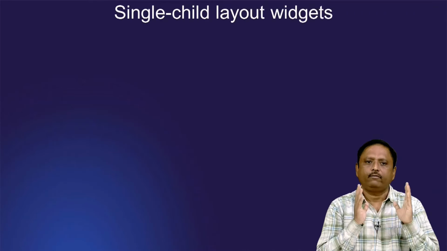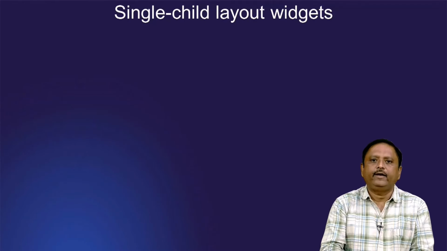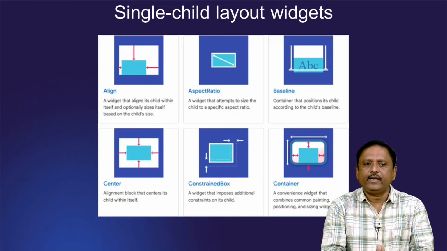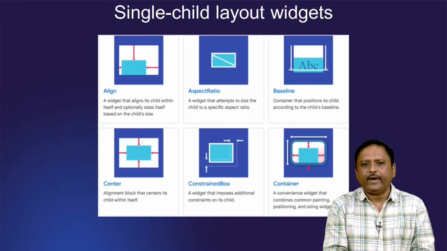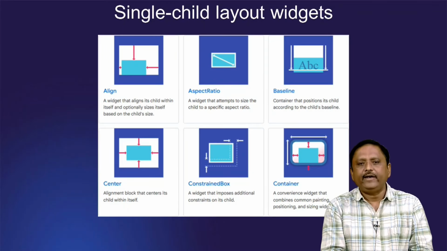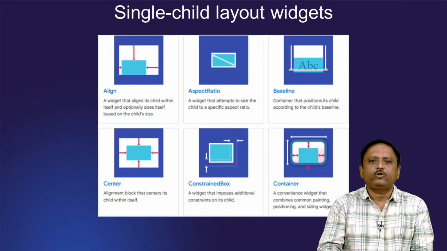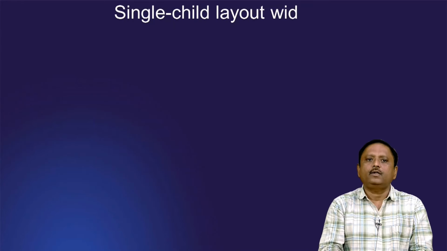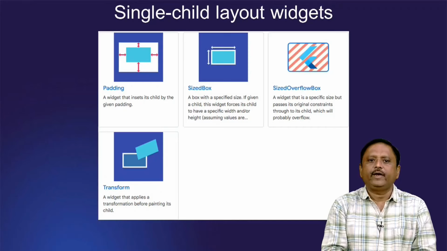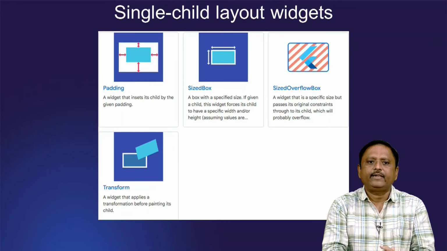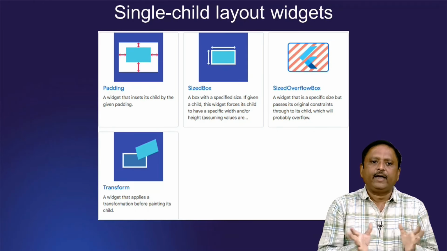Another type of widgets are called single child layout widgets. On screen you can see it includes align, aspect ratio, baseline, center, constrained box and container. We will use each of them in coding. Another type of single child layout widgets are padding, which is a widget that insets its child by giving padding.